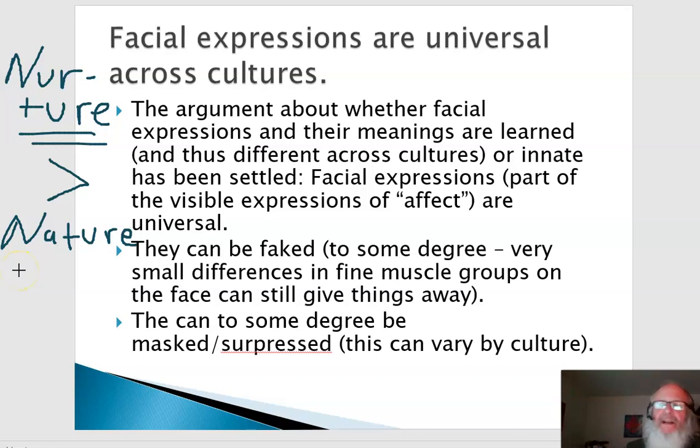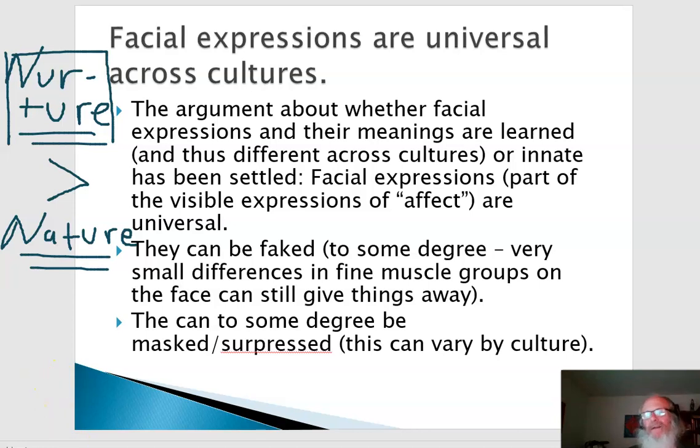You can go back and find it in the slides. John Watson said, "Give me any infant child and I can grow that infant child to be any kind of person that you choose." That learning from the environment was way more important than things that we were born with.